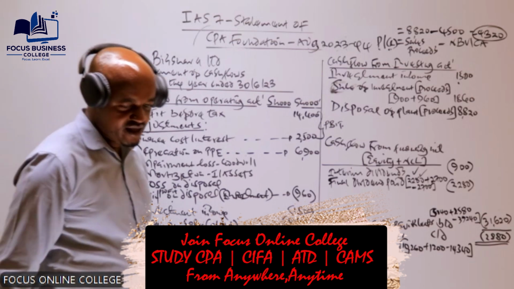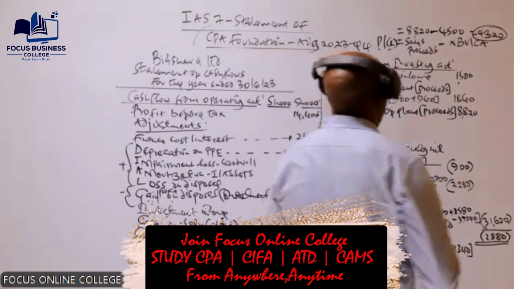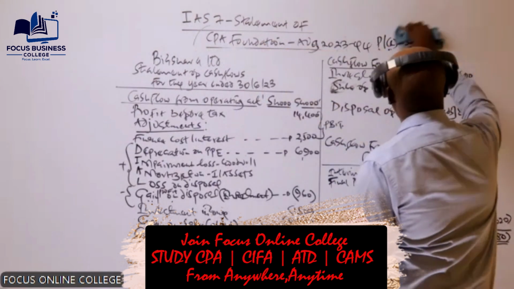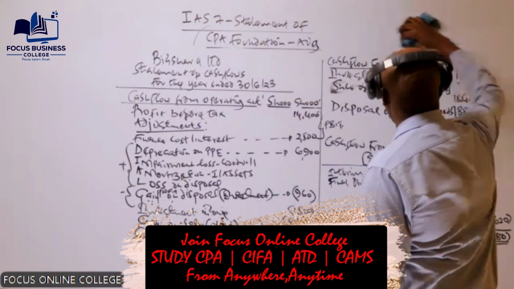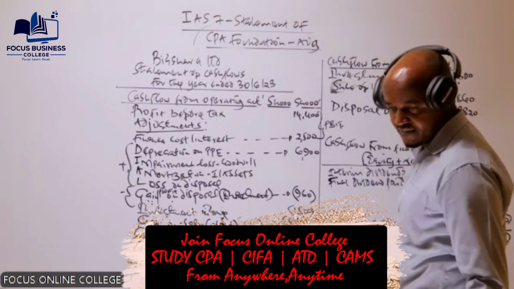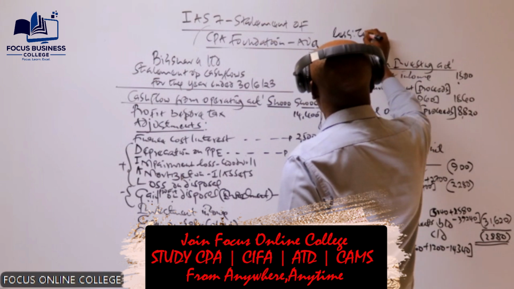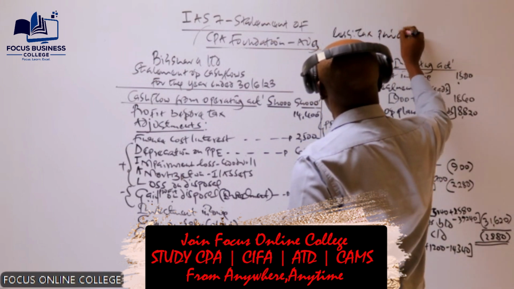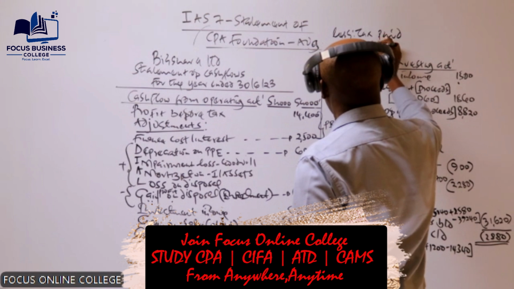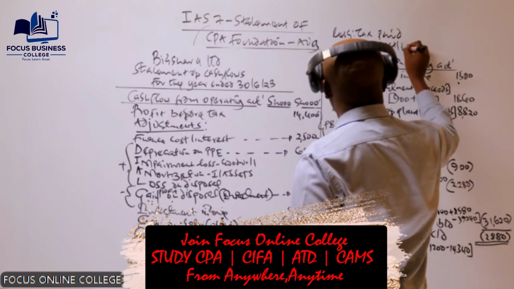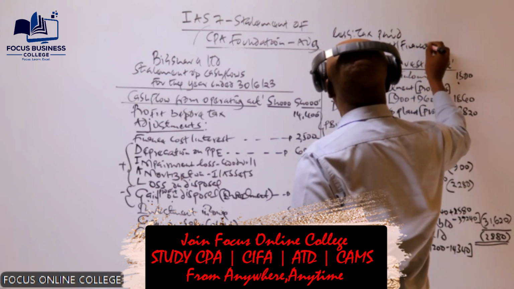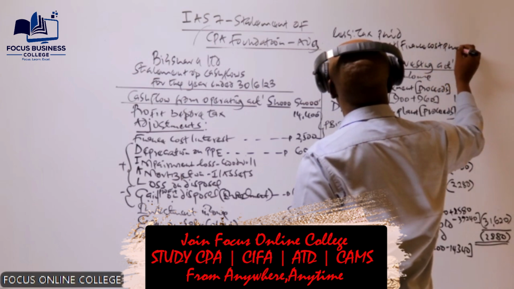And then from there, we proceed and determine 2 other items. One, we less the tax paid, and then we also less the interest or the finance costs paid.